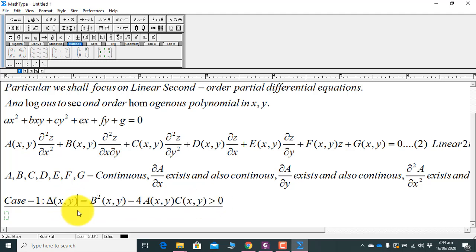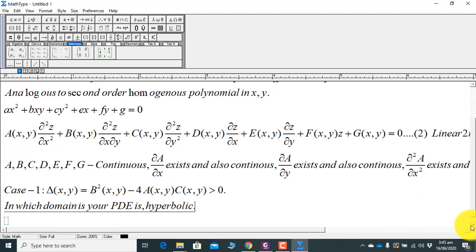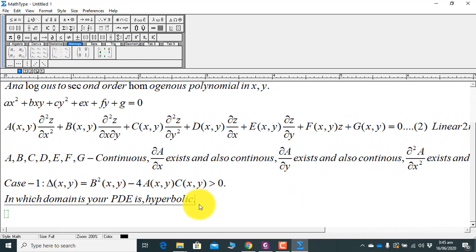Sometimes you will be given the question: in which domain is your partial differential equation hyperbolic? We are taking the hyperbolic case just for understanding; similar cases can be discussed on the same pattern.